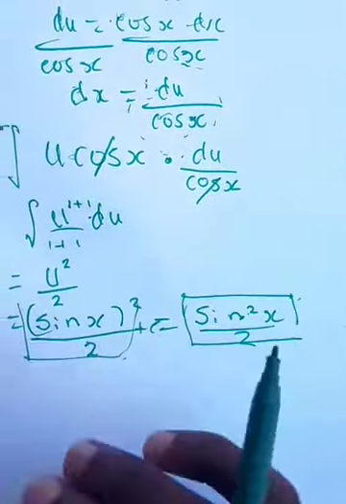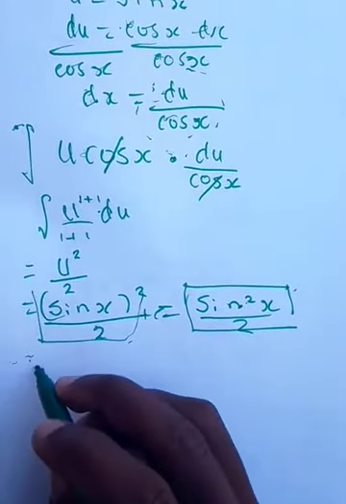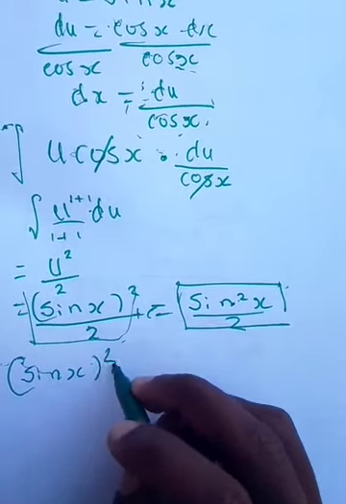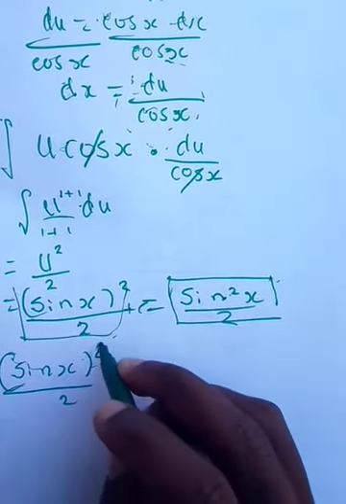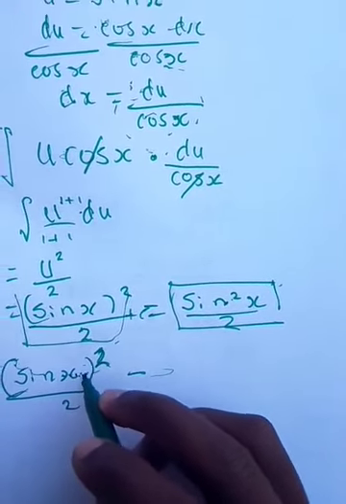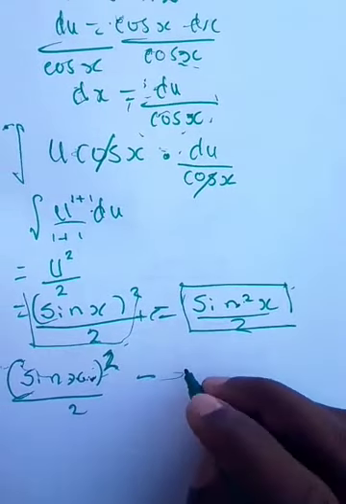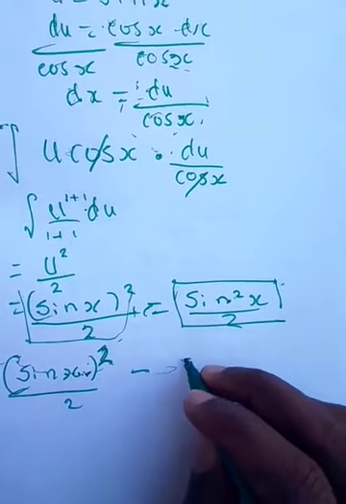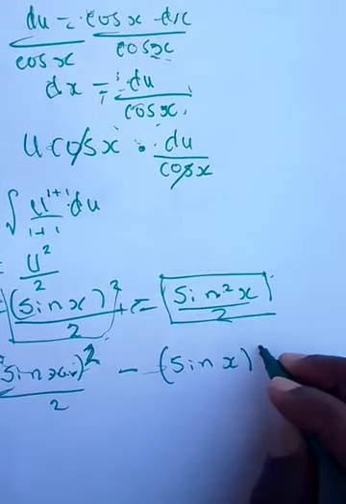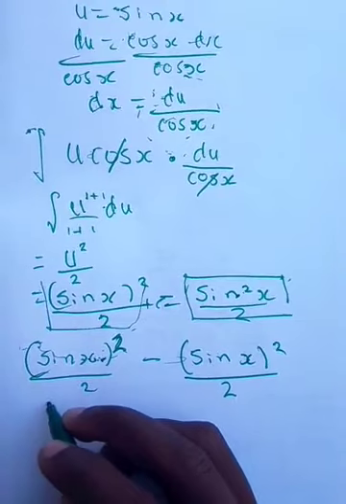Now, to find the final answer, we need to substitute the limits, right? So I'll just say sine x to the power of 2 over 2, right? So here I'll put the upper limit, which is pi over 2. Pi over 2 is 90 degrees, right? And then minus. Then for this one, where it is x, I'm simply going to put 0, which is the lower limit.